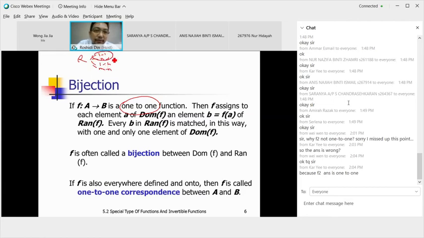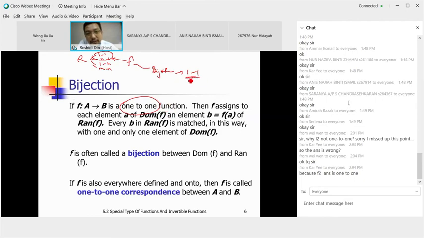Only these 2 are functions. Based on these 2, only one type of function we call bijection. Bijection refers to a one-to-one function.